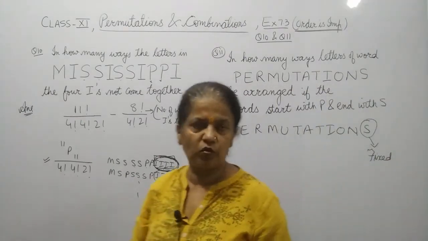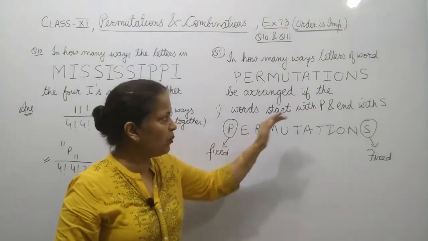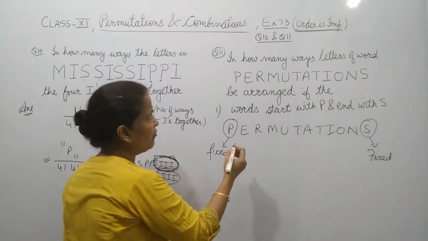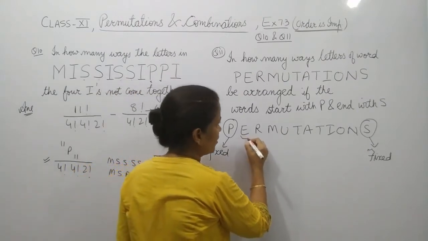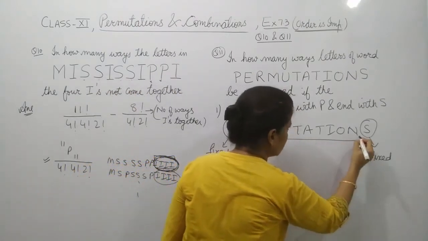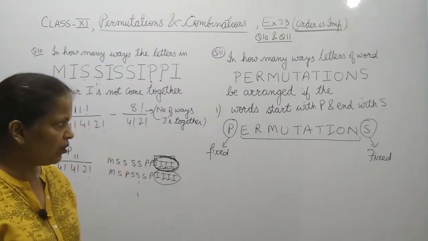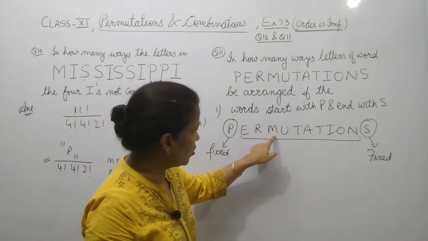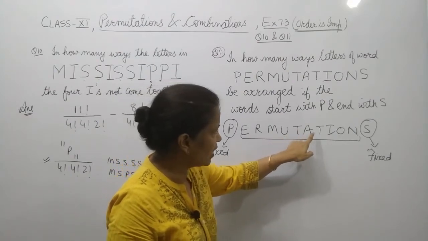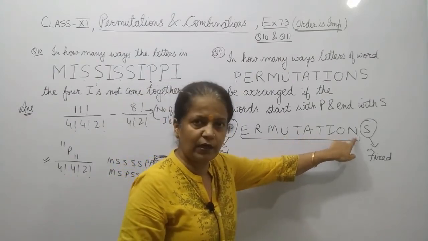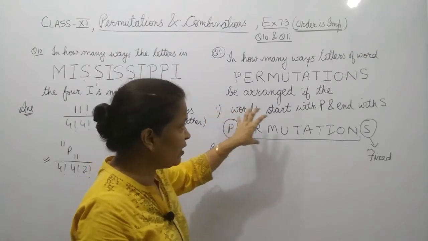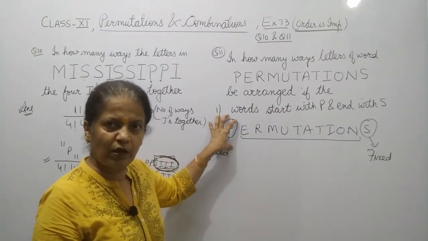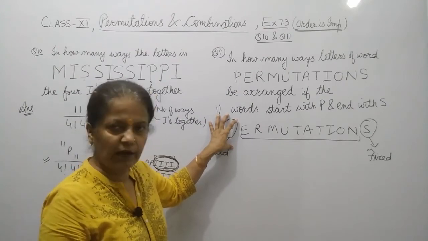According to the first part, start with P and end with S. Now we have to make the ways of the remaining letters. Let's count them: 1, 2, 3, 4, 5, 6, 7, 8, 9 and 10. Since those two are fixed, we don't need them.